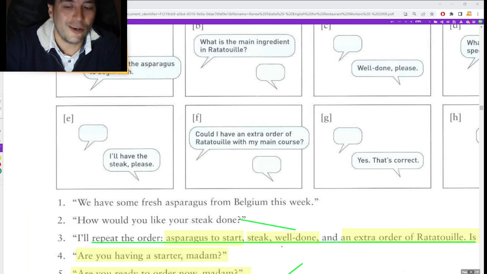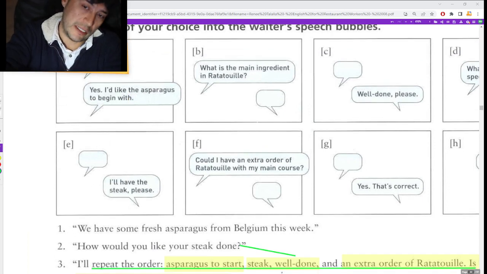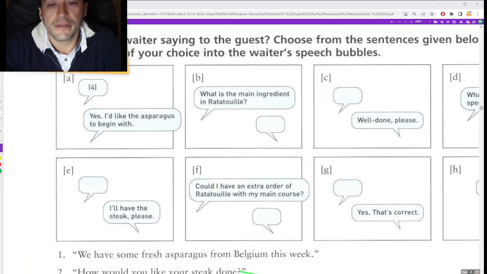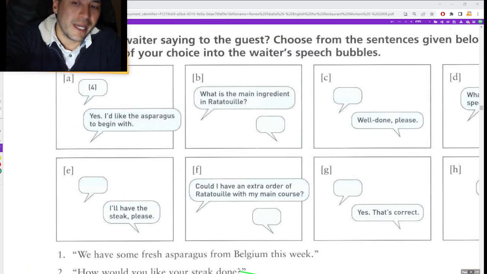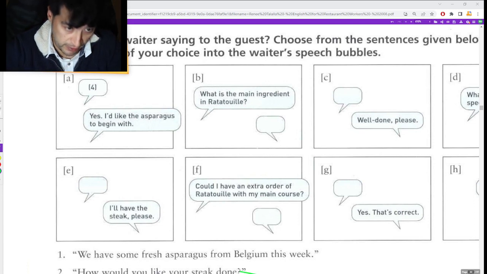Now, we're going to organize the phrases in the situations. What is the waiter saying to the guest? Choose from the sentences the number of your choice into the bubbles. These are the bubbles right here.